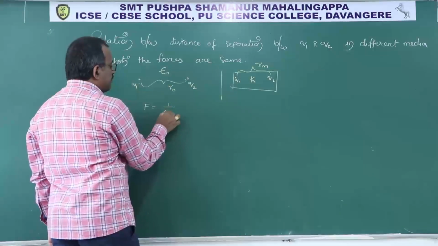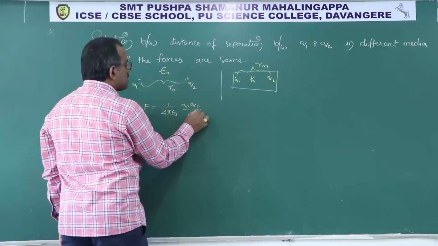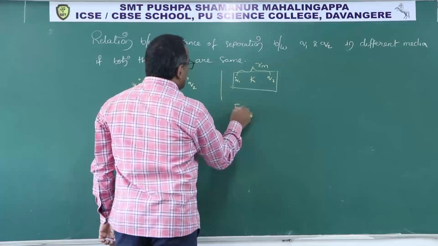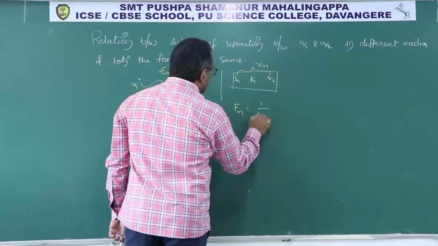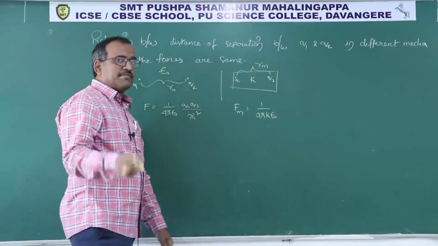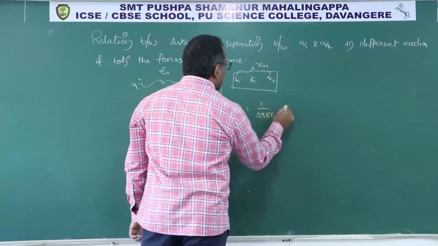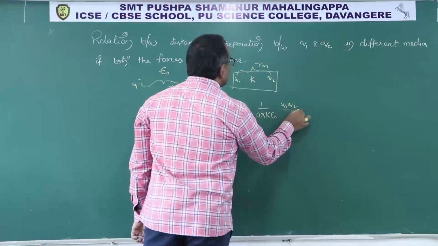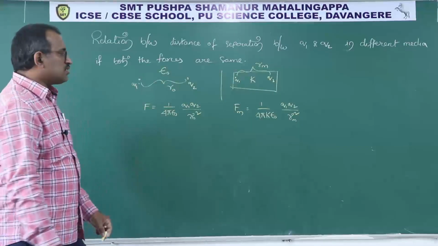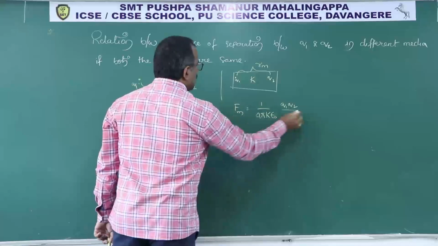Force will be 1 by 4 pi epsilon naught Q1 Q2 by R0 square as per Coulomb's law. Second line, F medium is equal to 1 by 4 pi K epsilon naught, as I discussed, epsilon m is K into epsilon naught, where K is the dielectric constant, capital K, into Q1 Q2 by R medium square. As per the question, both the forces are the same.